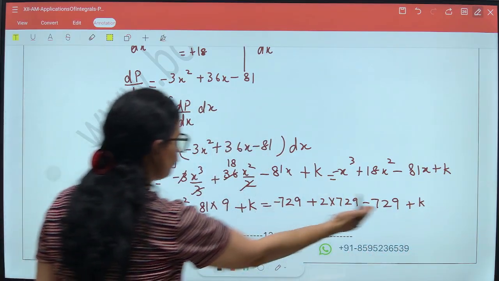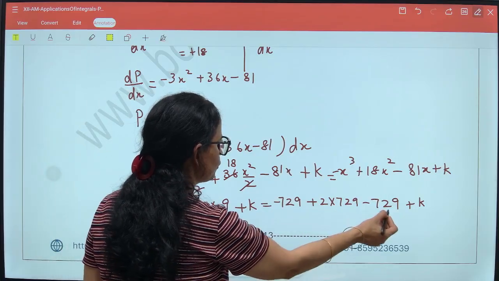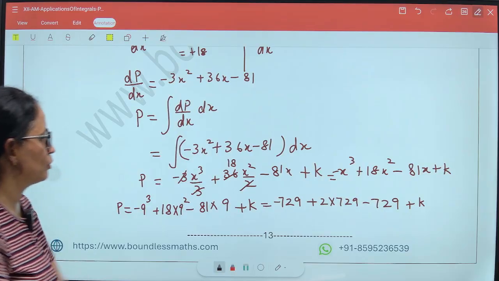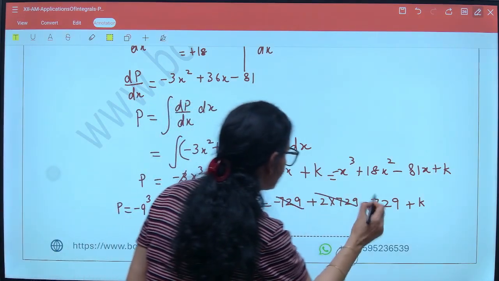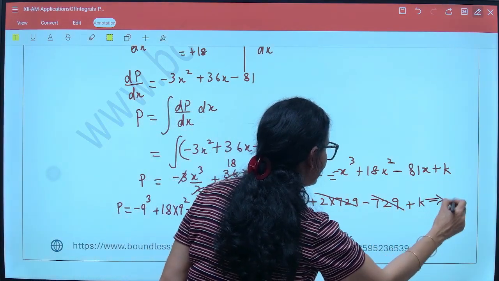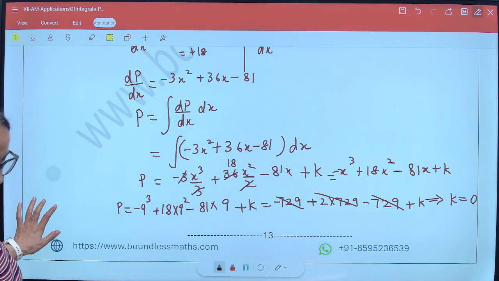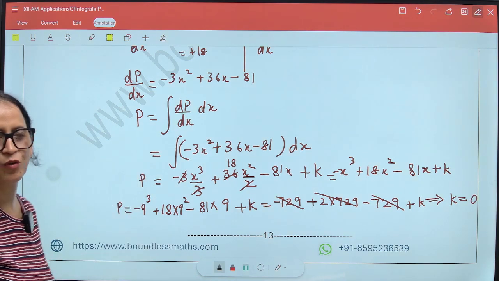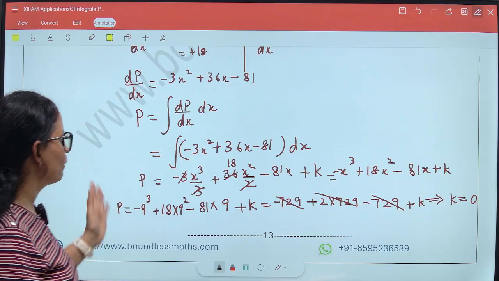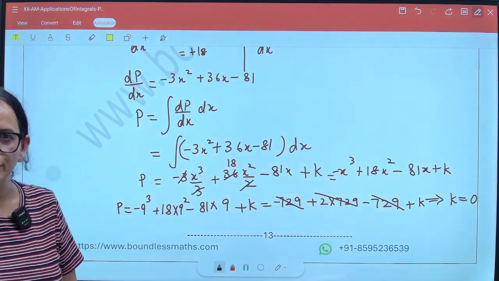Now if we try to solve this, rather than doing all the calculations, be smart enough. Minus 729, then 2 times 729, and we have minus 729. So all these terms get cancelled and the value of k comes out to be 0. Right? So the total profit, maximum profit here is 0. Even though it is 0, this is the maximum profit in the given scenario when 9 units of the product are produced.